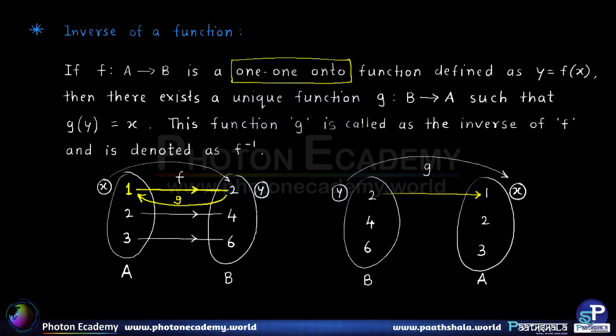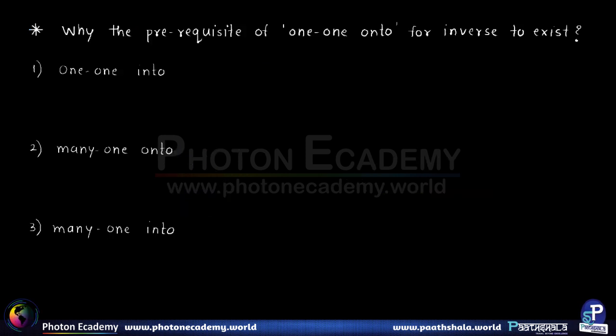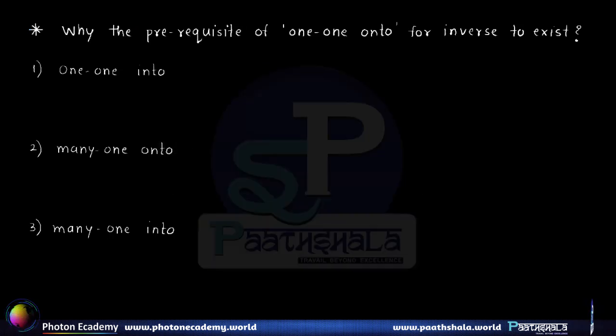Now let us understand why this condition. Let us see what happens if the function is not one-one onto. So why the prerequisite of one-one onto for inverse to exist? Let's consider the other 3 types, that is one-one into, many-one onto, or many-one into.